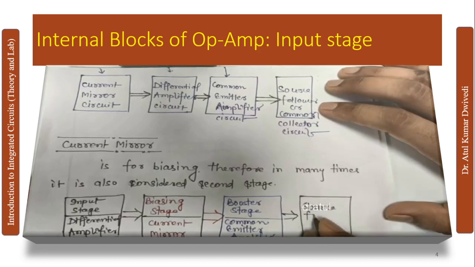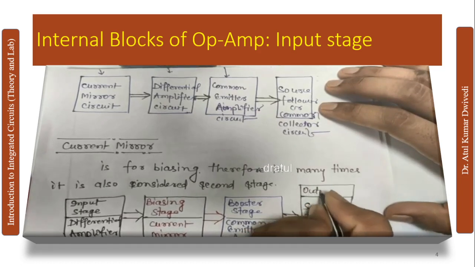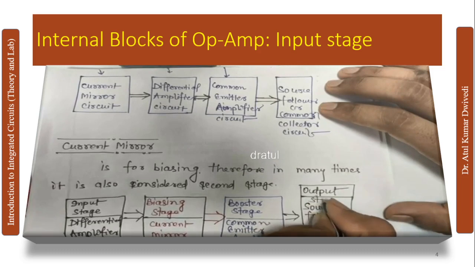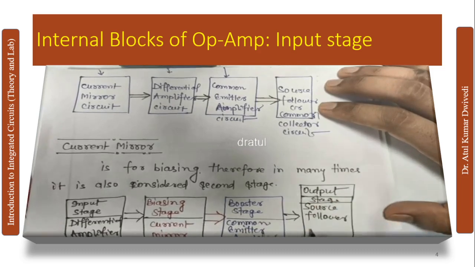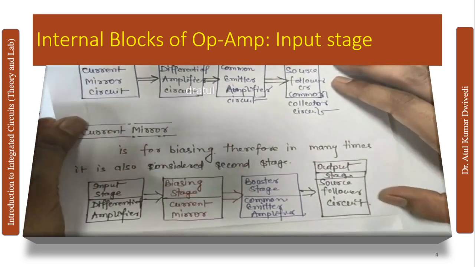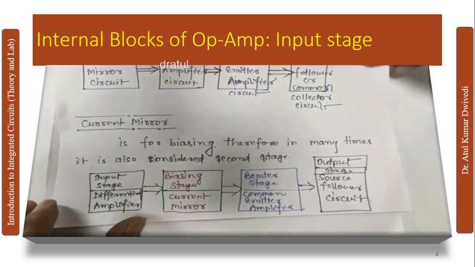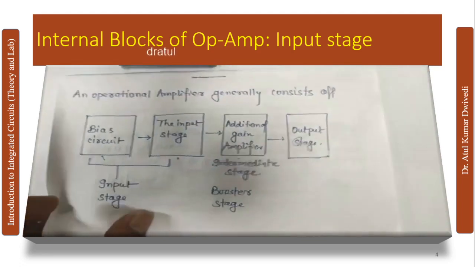And these two, the bias circuit and the input stage, are many times combinedly called the input stage. And the gain amplifier stages are called intermediate stages, and the output stage is a common source amplifier or emitter follower, meaning source follower.